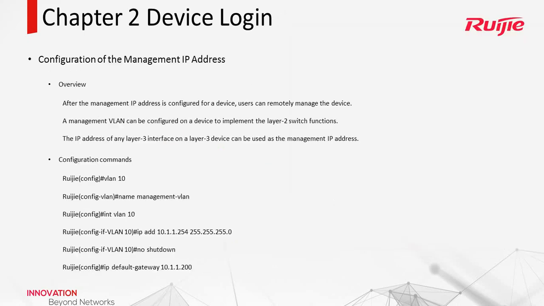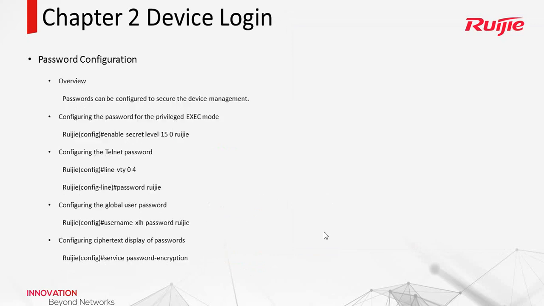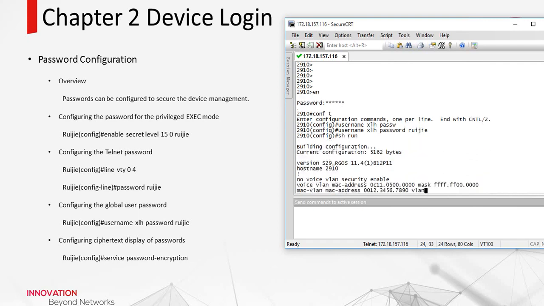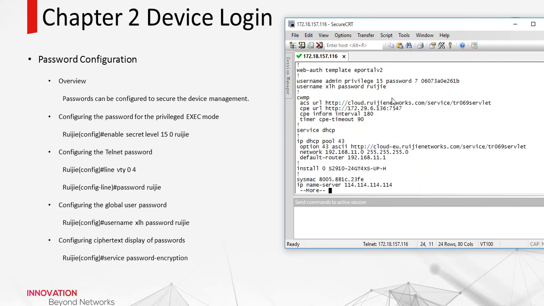If you want to configure IP management, you can follow this example. For the password configuration, for example, we can configure a password like this one. But when we check the running configuration, we can find that the password is clear.